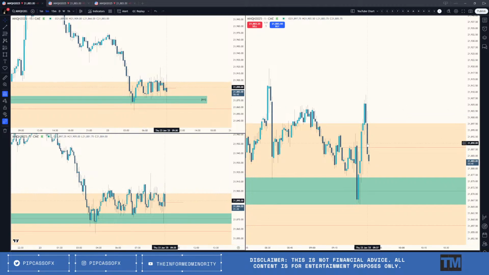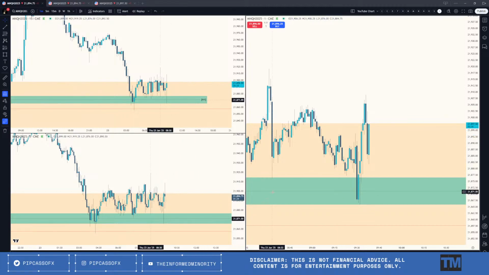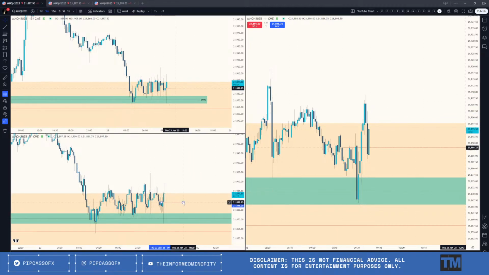So the first presented fair value gap would be forming at 9:37 if this was to hold. But I would want to see that candle hold with this. Just want to make sure I have that there.